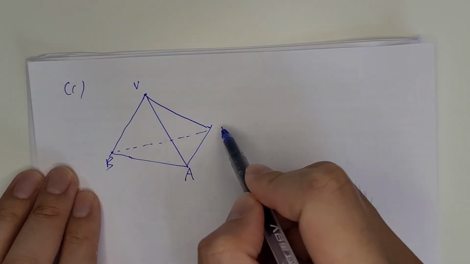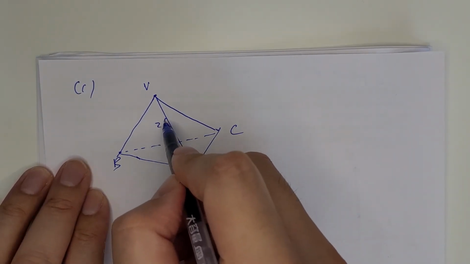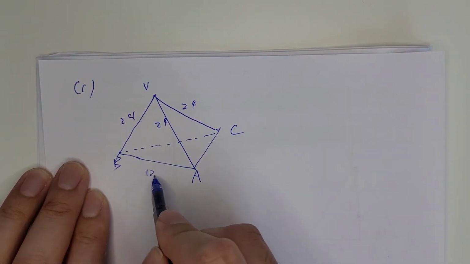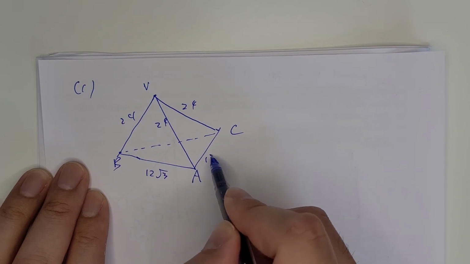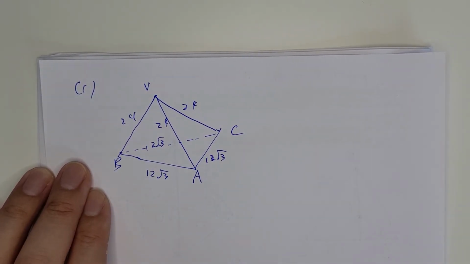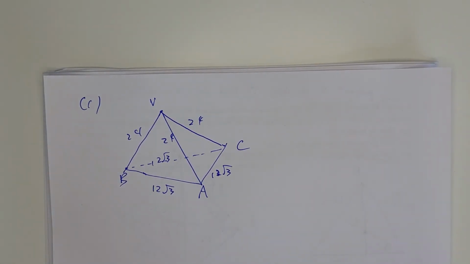VAB and VAC. As we found, VA is 24, VB and VC are also 24, and AB is 12√3. So how do we define the angle?